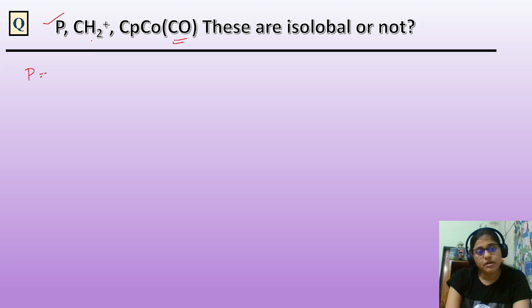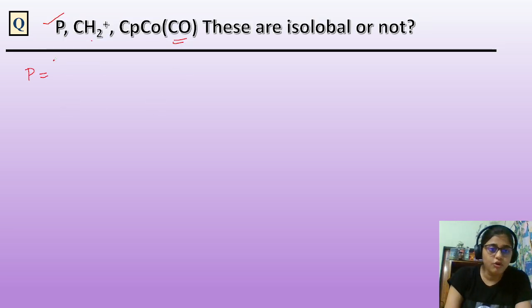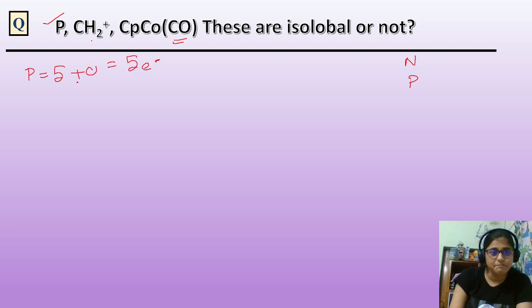So we have to take the first criteria, that table, right? So phosphorus, we know, is in the nitrogen group, nitrogen, phosphorus. So it has 5 electrons in the outermost shell or valence shell, and nothing is given, right? So I am taking plus 0. It will be 5 electrons only.